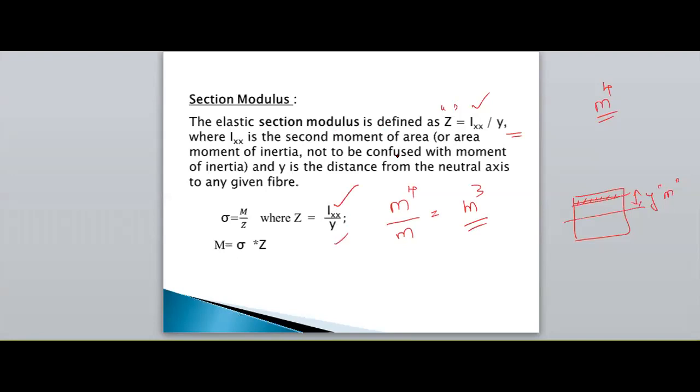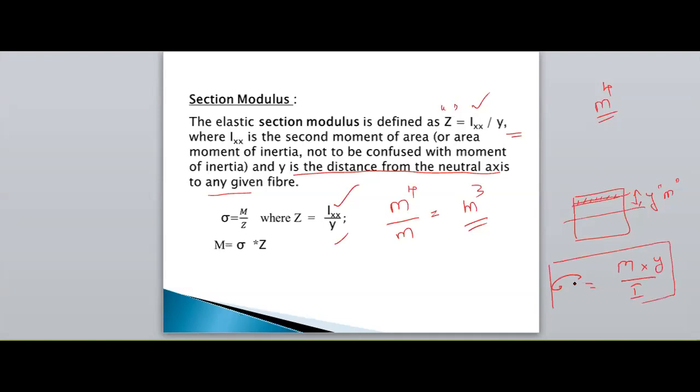Y is nothing but the distance from the neutral axis, for the fiber. Therefore, I can now write the equation as M by I is equal to stress by y, that is stress is equal to M into y by I. We have achieved this equation.